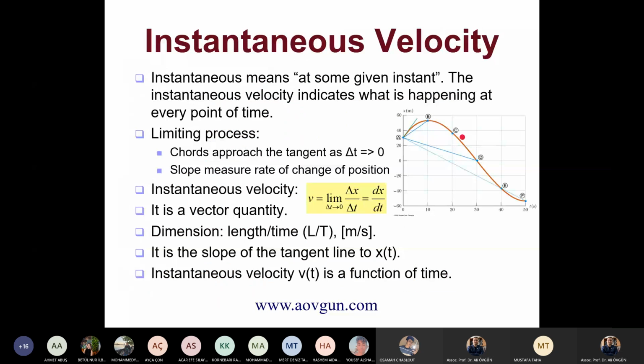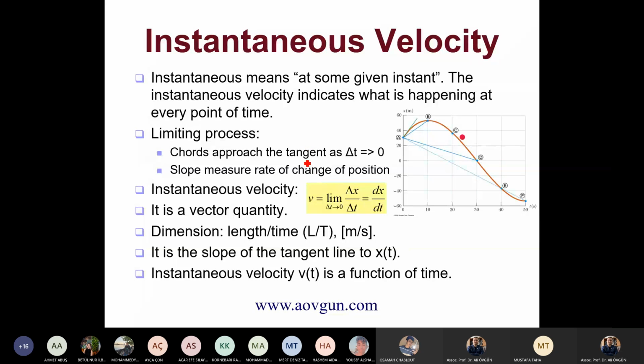So instantaneous velocity: instantaneous means at some given instant, the instantaneous velocity indicates what is happening at every point of time. So there is a limiting process. If you take the slope, it gives you the measure of rate of change of position.